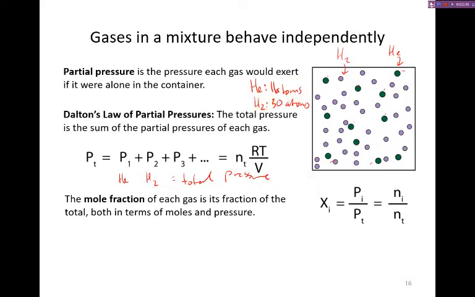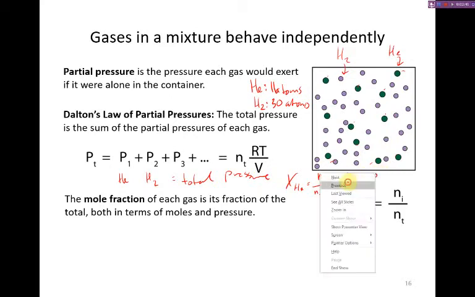If we wanted to find the mole fraction of helium, it's simply going to be the number of helium atoms over the total, which is 11 over 41.